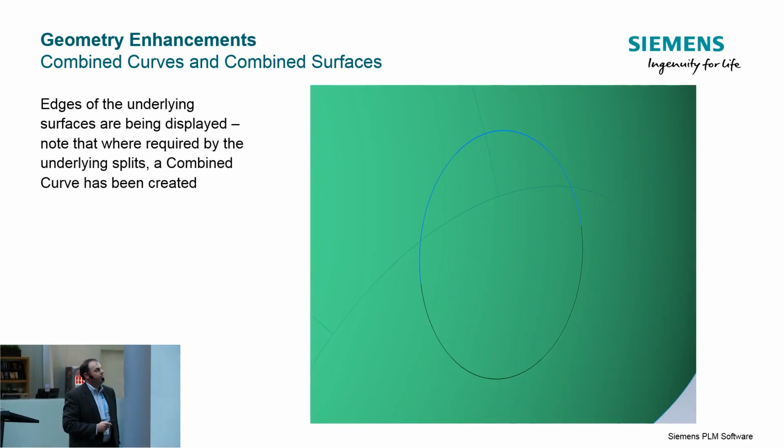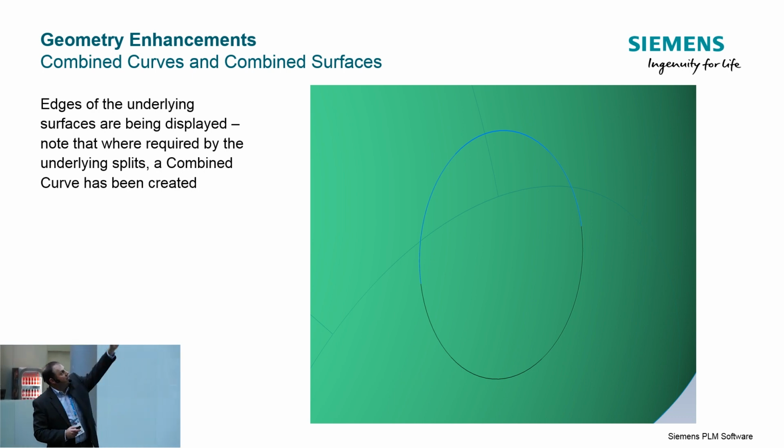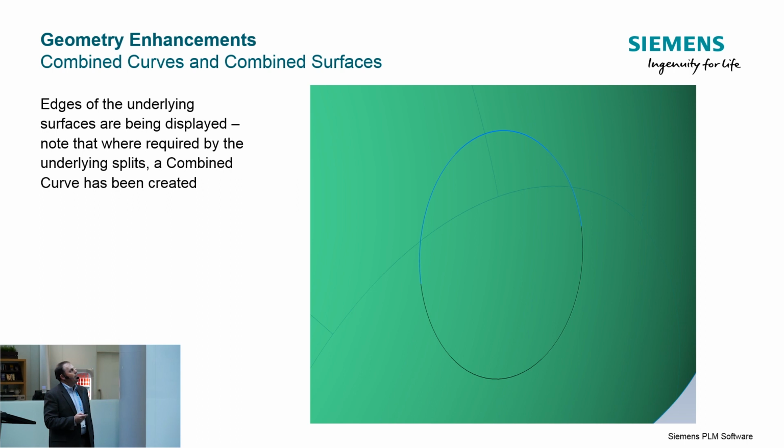The bottom is just one curve, where the top would have needed to be 1, 2, 3, 4 curves, which we've automatically created a combined curve out of, those 4 curves for meshing purposes.